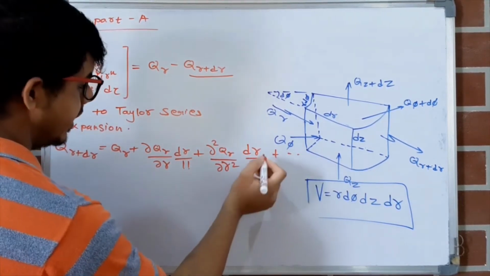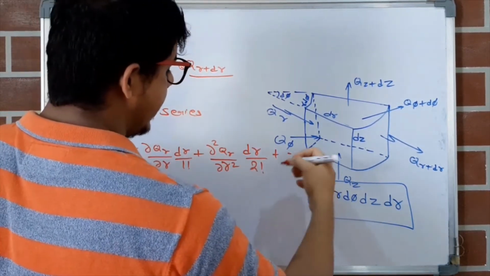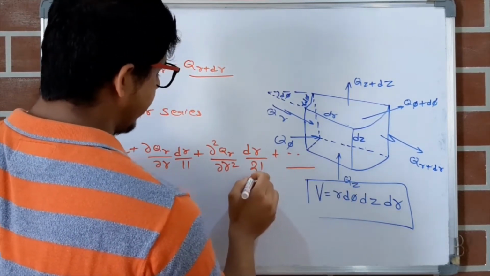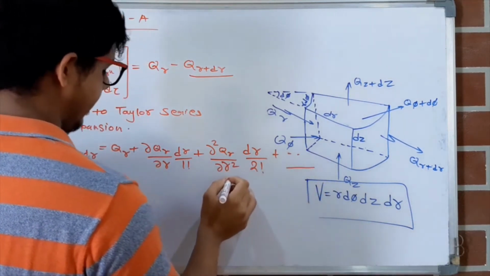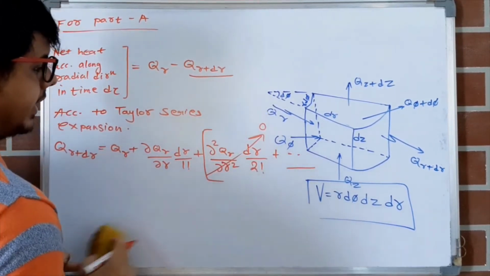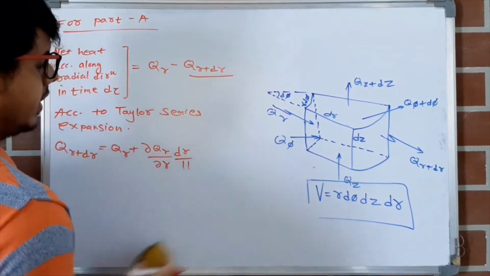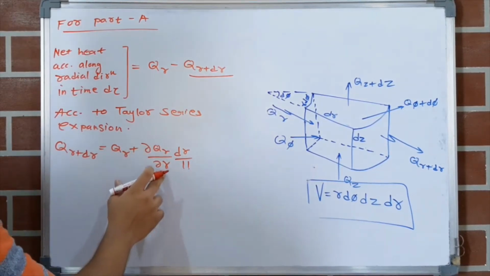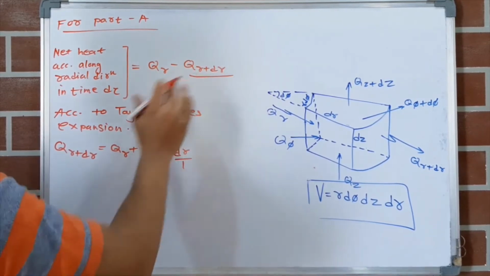Now you can see this term is less than this term, and if we write the next term, it will be less than this term, because 2 factorial is there here, and 3 factorial will be there in the denominator. So we can neglect this part and write only this, that is Q R plus dr equals Q R plus del Q R by del r into dr upon 1 factorial. Okay. So now we will substitute this in the above equation.